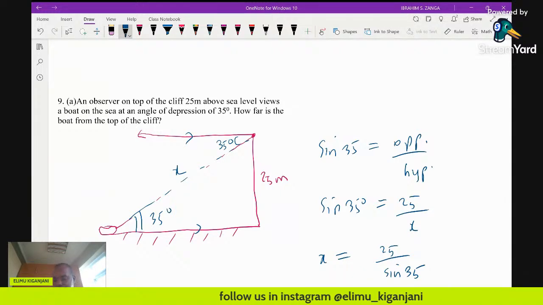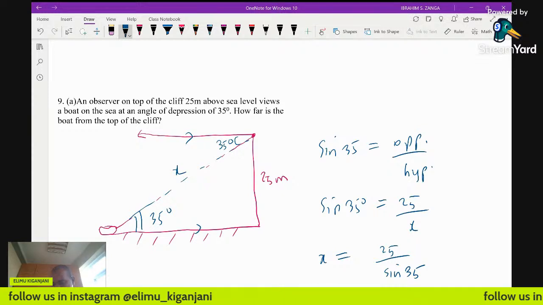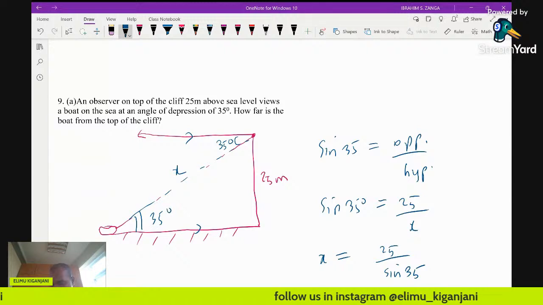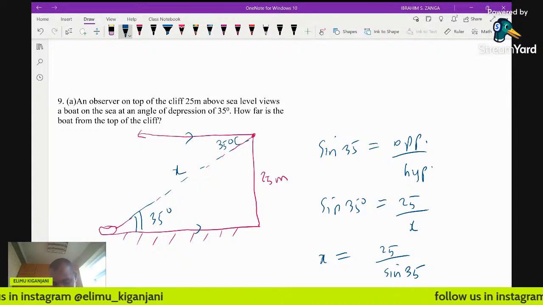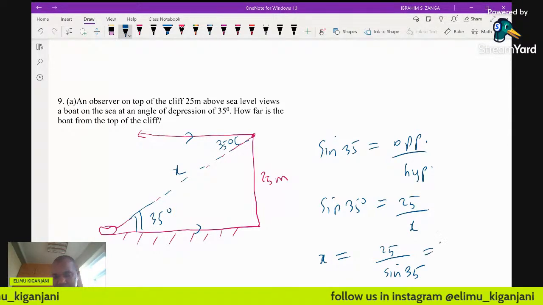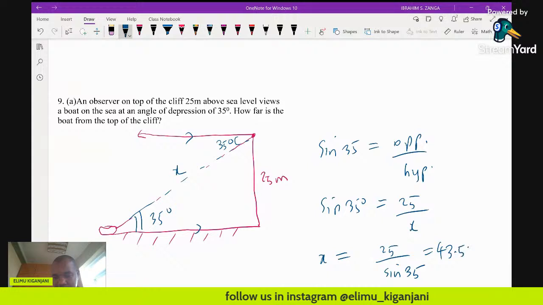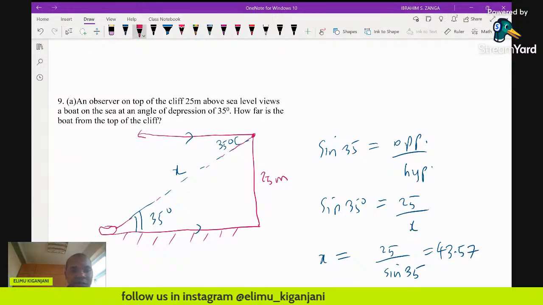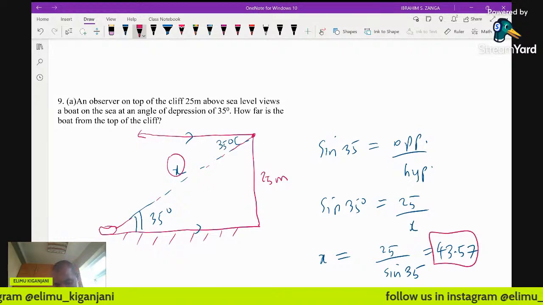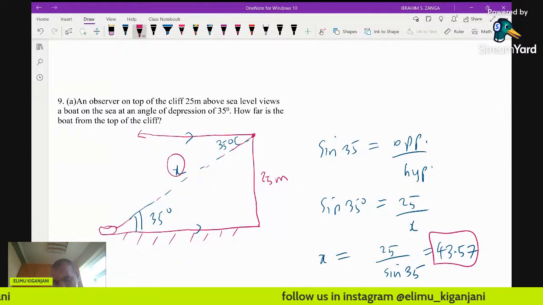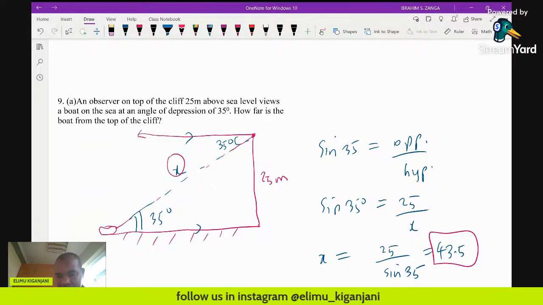When you take 25 divided by sine 35, the answer is 43.59. So the value of x is 43.59.